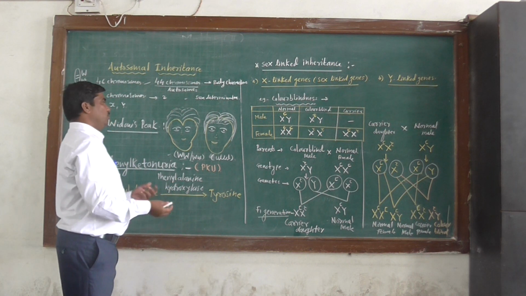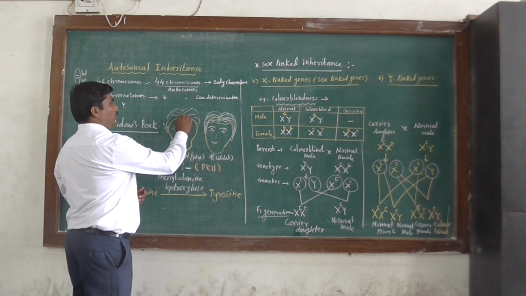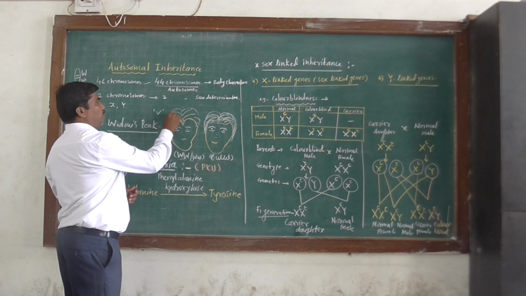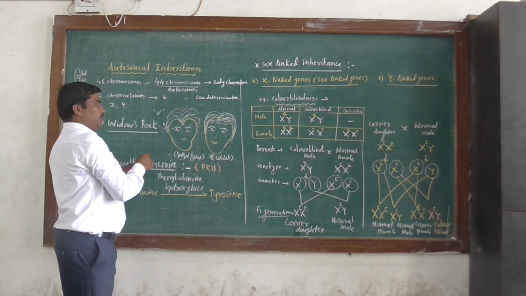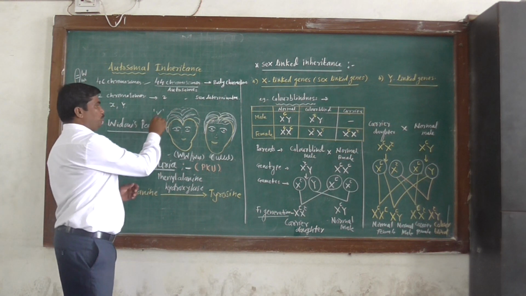What is meant by widow's peak? Widow's peak means a prominent V-shaped hairline on the forehead. A prominent V-shaped hairline on the forehead is known as a widow's peak.